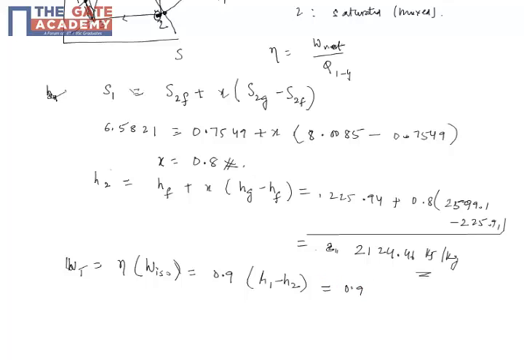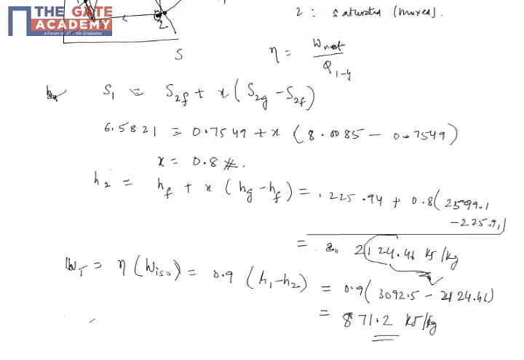So 0.9 into H1, which is 3092, the superheated steam enthalpy at 4 MPa, minus 2124.46, the one we got just now. After multiplying with 0.9, we get 871.2 kilojoules per kg. This is the net turbine work.